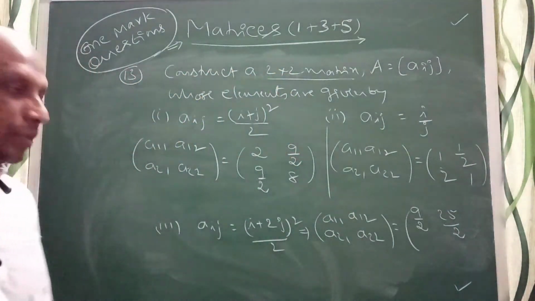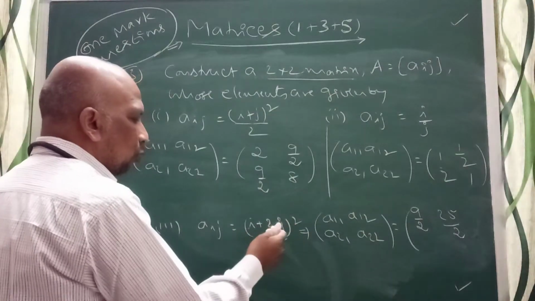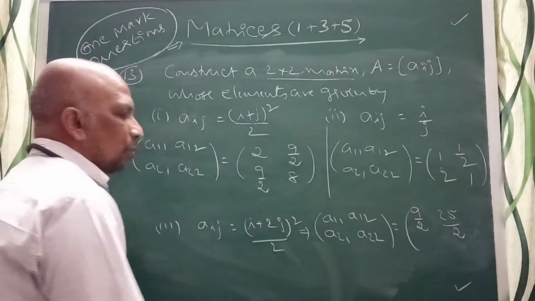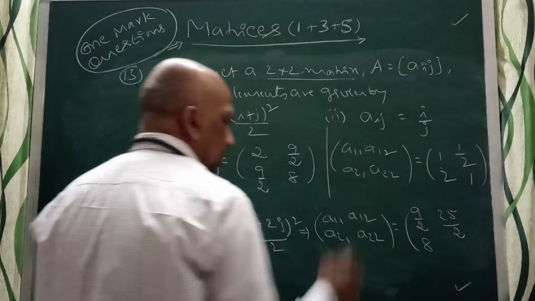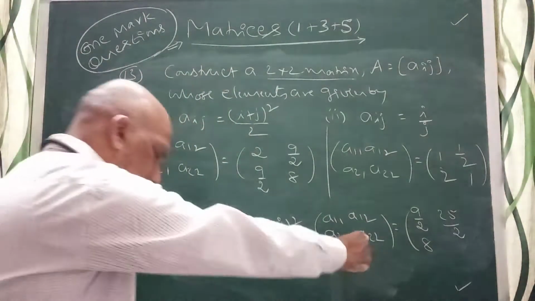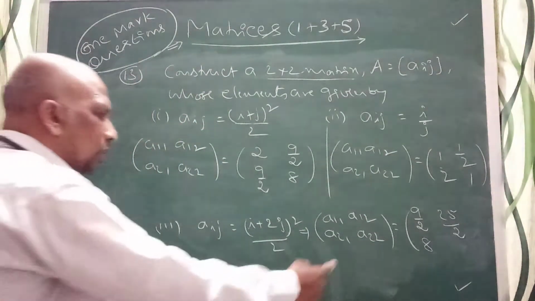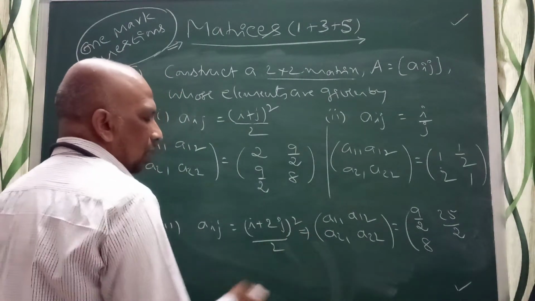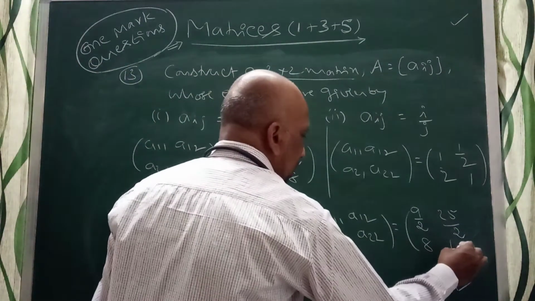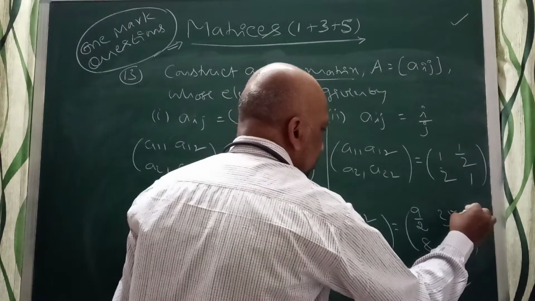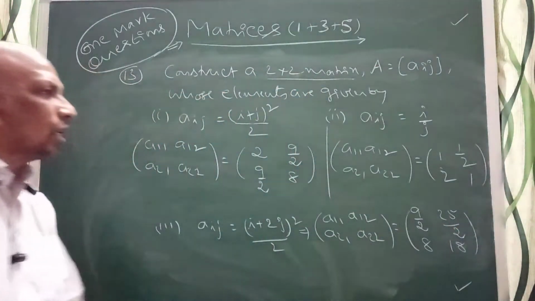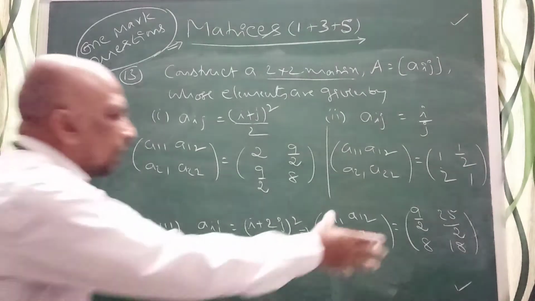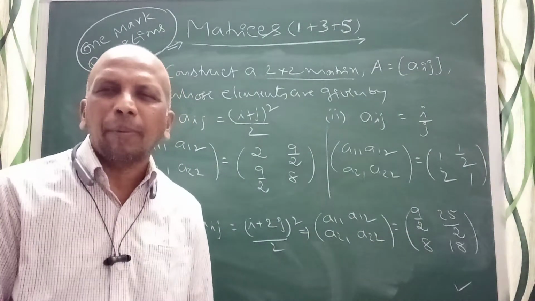A21, 2 plus 2, 4. 4 square, 16 by 2. It will be 8. Next, the given A22, right. A22 means 2 plus 4 is 6. 36 by 2, 18. That is the required matrix, right? So I can write this as the required matrix.